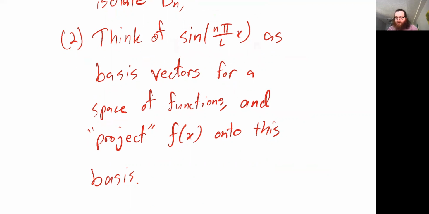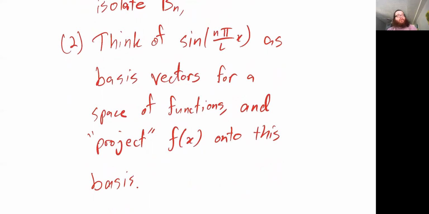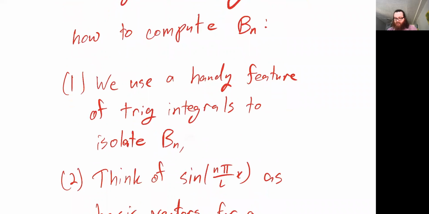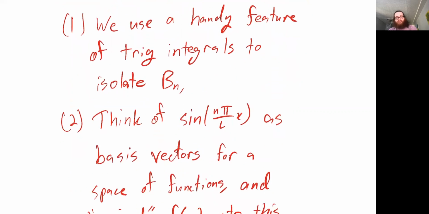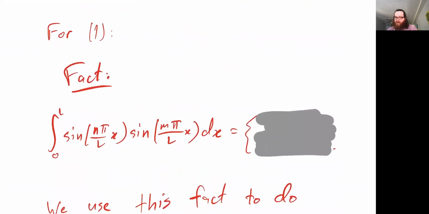And what we want to do is project our function f onto this basis of sines, cosines, things like that. In practice, how we do this projection is via this integration approach, but there may be two conceptually slightly different ways of thinking of this problem.